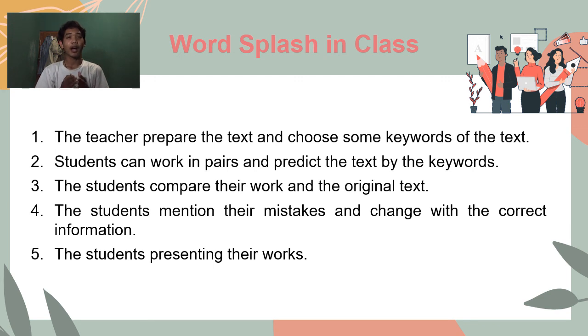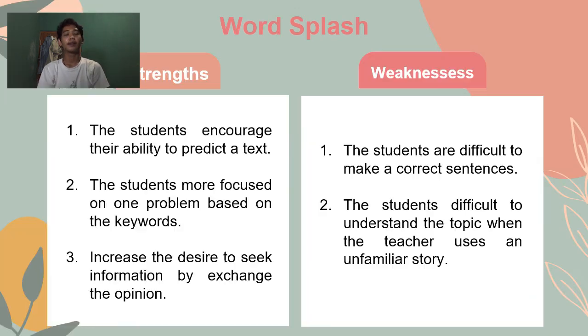And then the teachers give the students the correct text and ask them to compare their prediction with the correct text. And in the last step, the students mention the incorrect information from their prediction and change it into the correct information. And then the students have to present it in front of the class.